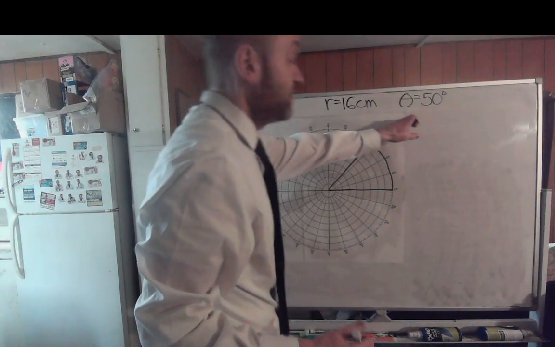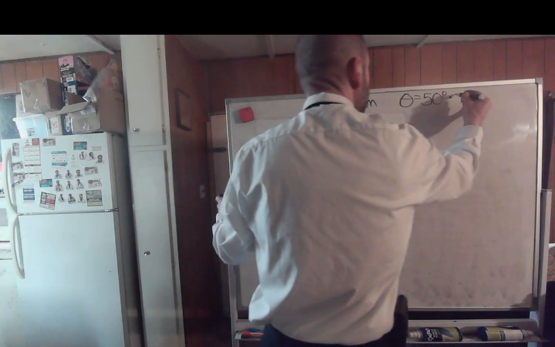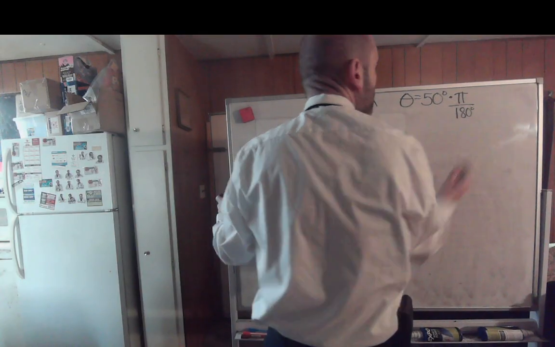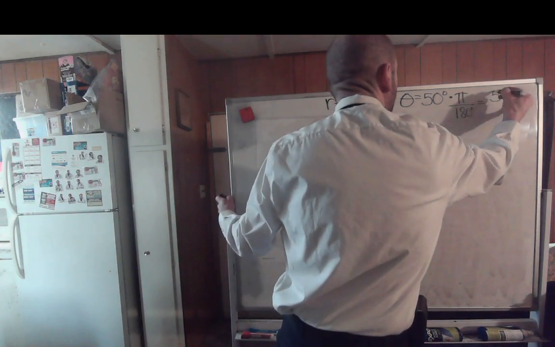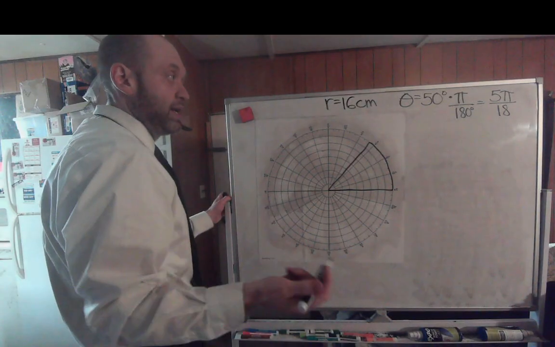So theta is 50, but I do need to convert this into radians for the formula to work. So this will be times pi over 180 degrees, which would simply give me 5 pi over 18. So my theta would be 5 pi over 18 in radians.